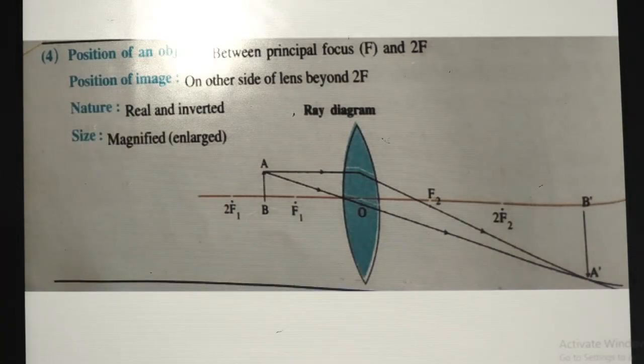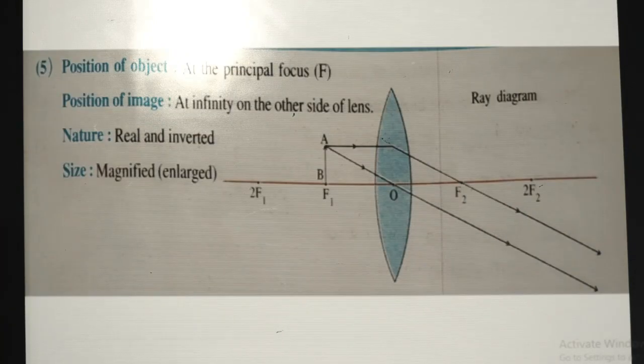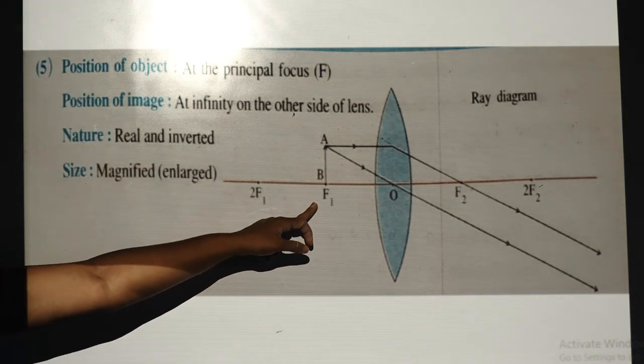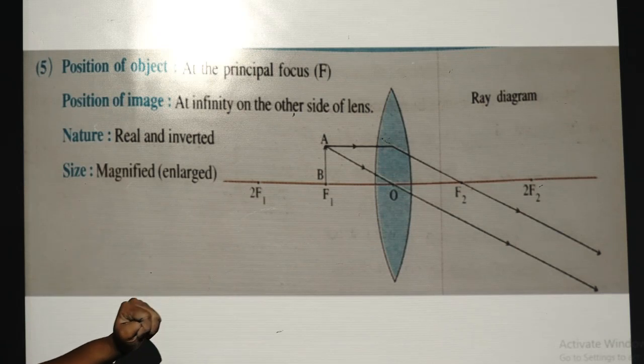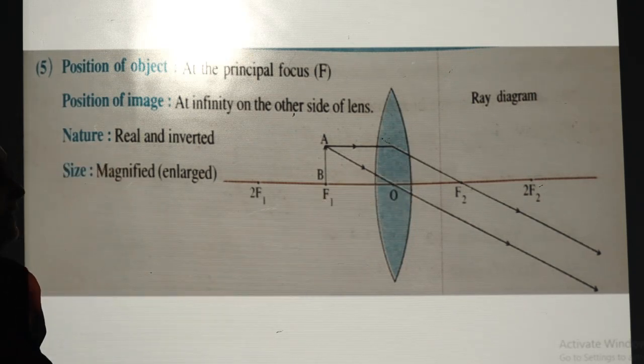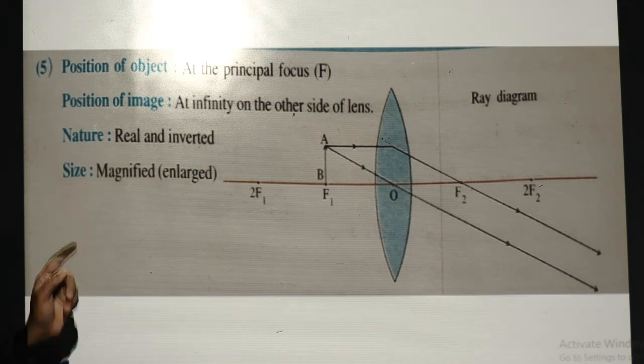Now next one, if the position of the object is at the principal focus, then after refraction the image will form at infinity. What is the nature? Real and inverted. These two rays actually meet, so we get a real and inverted image, and the size is highly magnified and enlarged.